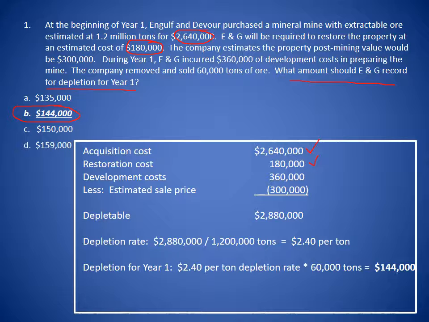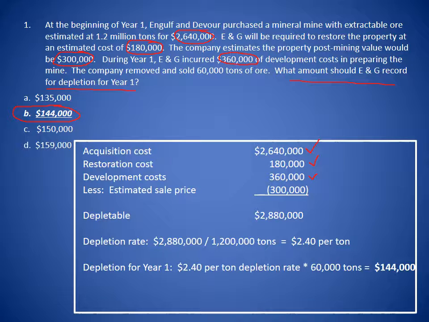Also, we have development cost in the amount of $360,000, and these amounts pertain to getting the facility and the land and so forth ready to actually mine the product. And lastly, we can reduce this depletable amount by the value of what the company estimates the property's post-mining value would be, $300,000.